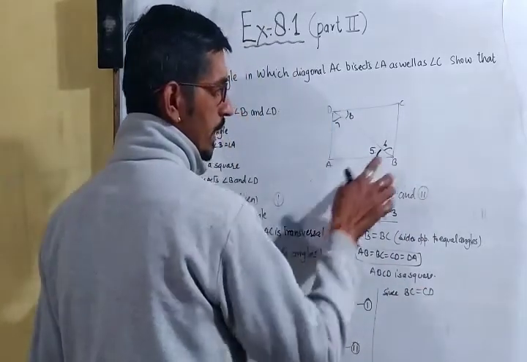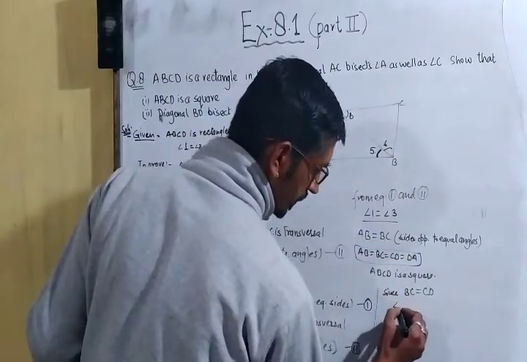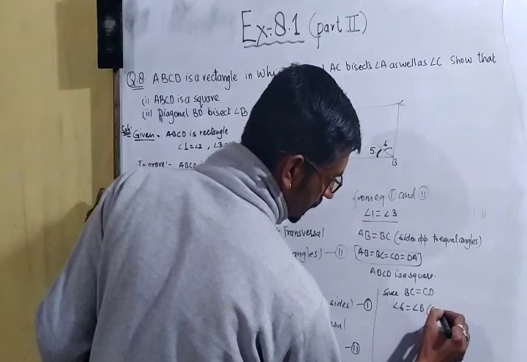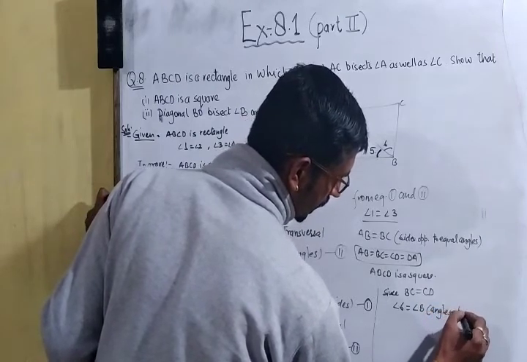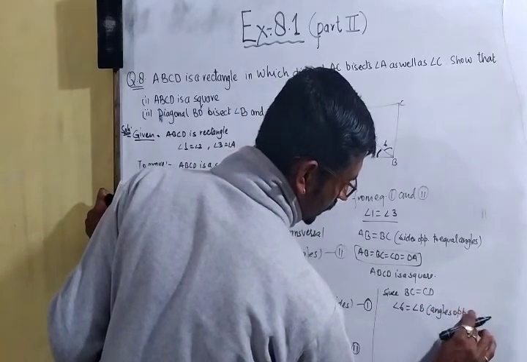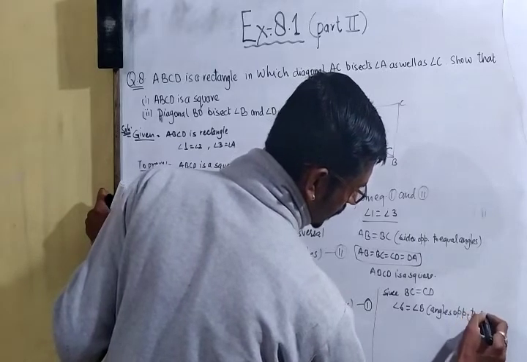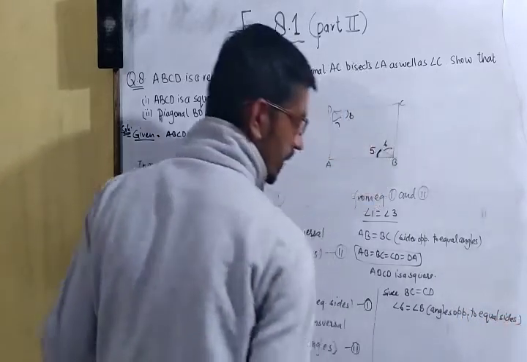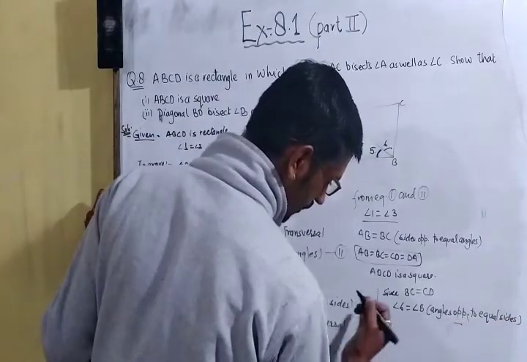Okay, so angle 6 is equal to angle 8. Why? Angles opposite to equal sides. Okay, this is equation number, let's suppose, 3.